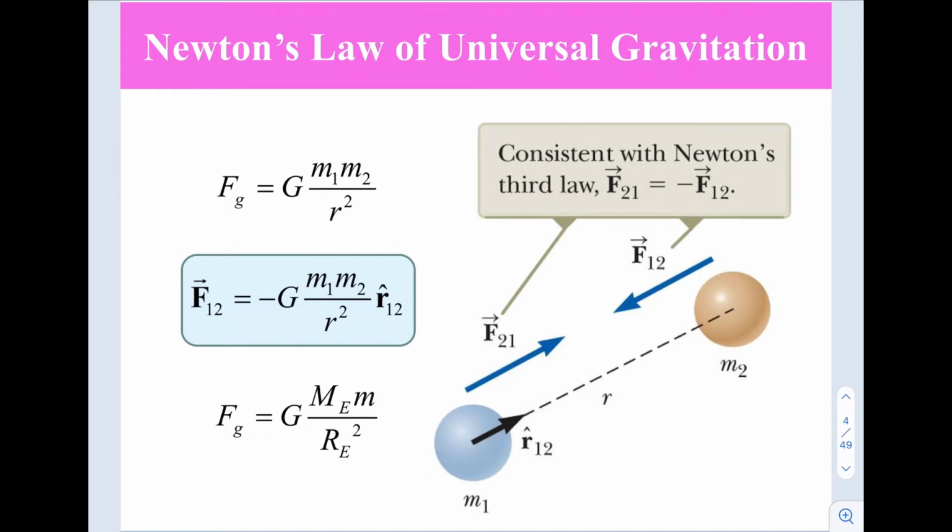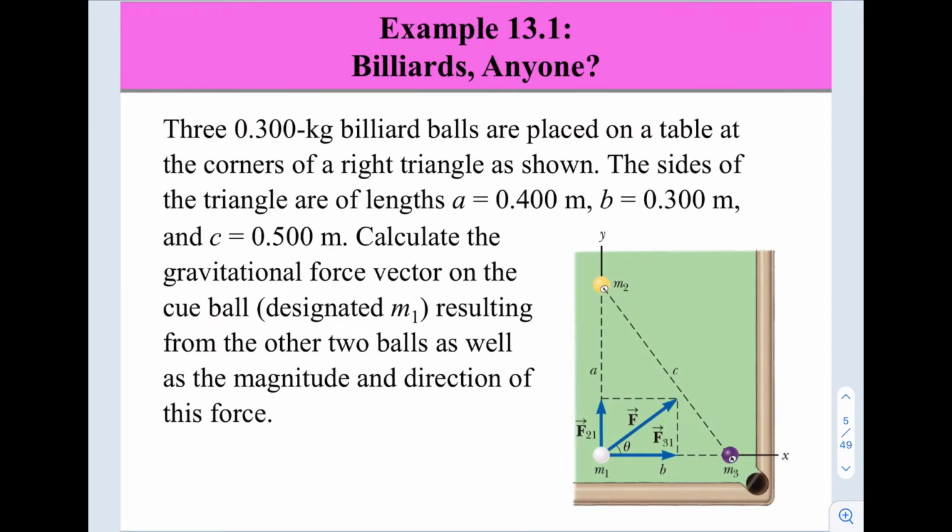In terms of magnitude, the force due to the gravitation of the Earth is capital G, mass of the Earth, mass of the object, over the radius of the Earth squared. This is when we talk about an object on the surface of the Earth. The unit for this is Newton.